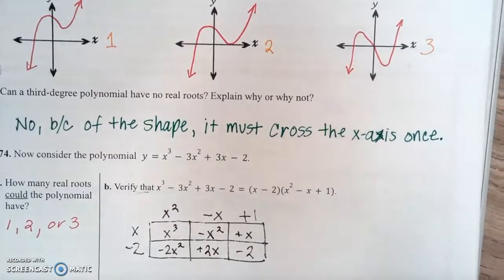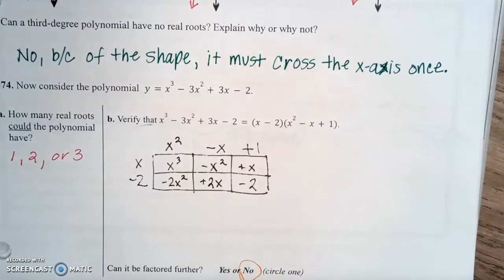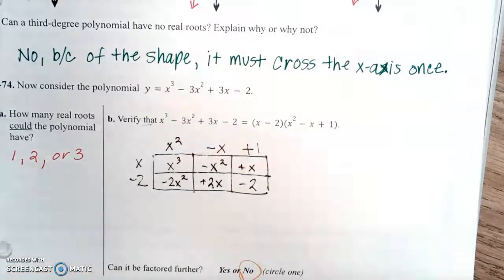All right, question number 74 says, now consider the polynomial y equals x cubed minus 2x squared plus 3x minus 2. How many real roots could this polynomial have? Well, we just saw that it could have 1, 2, or 3, right?